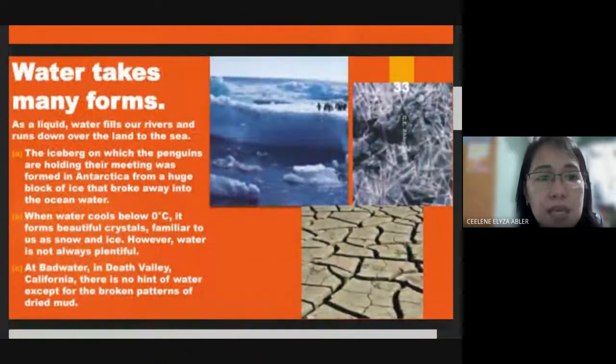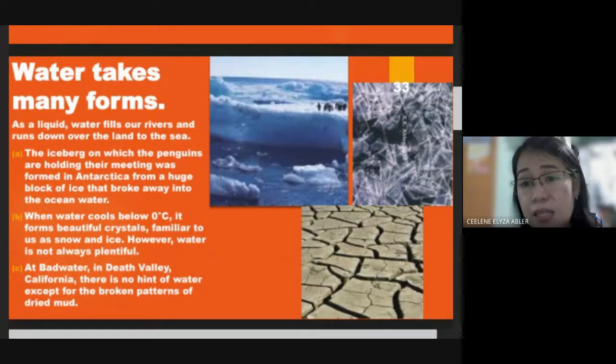So, we have here, water can take in many forms. You have the icebergs, the icicles, the snowflakes, and yung mga recent natin na droughts na season like the El Nino and the extreme drought that United States actually is suffering.